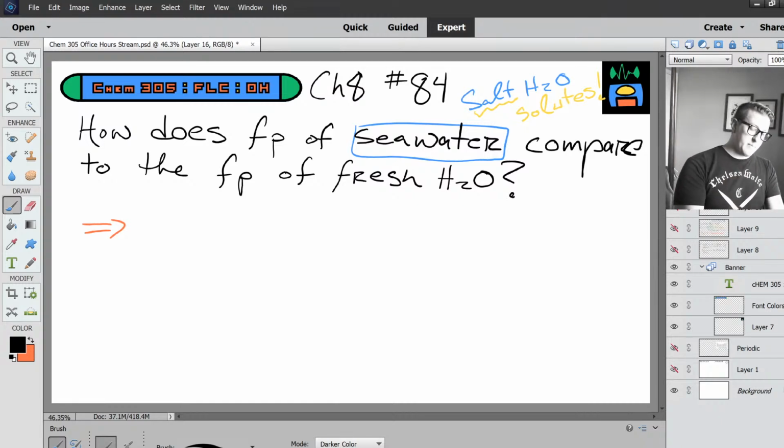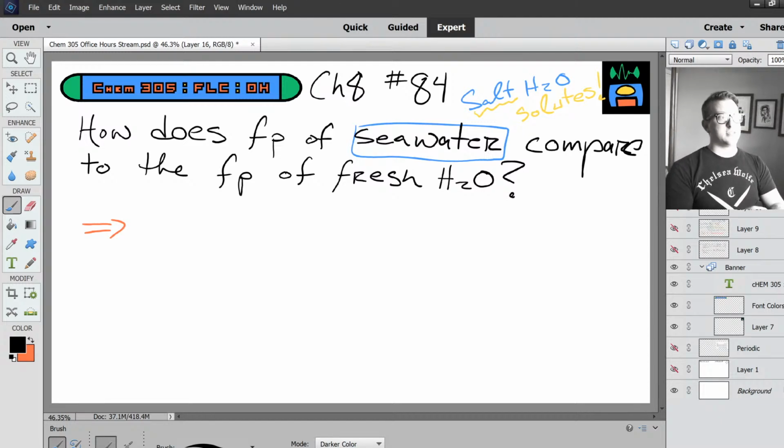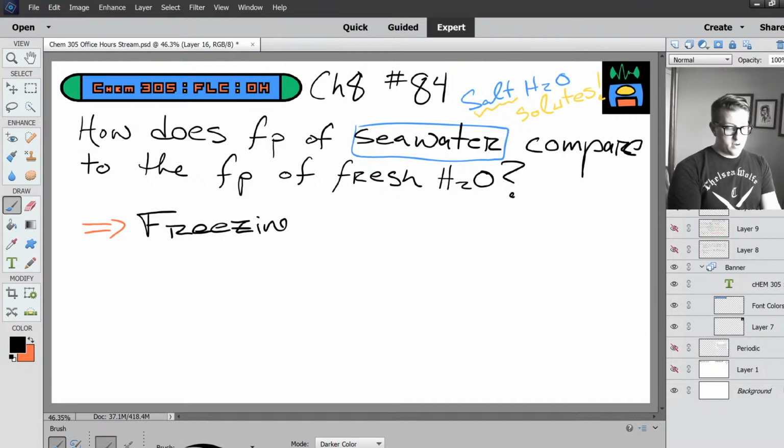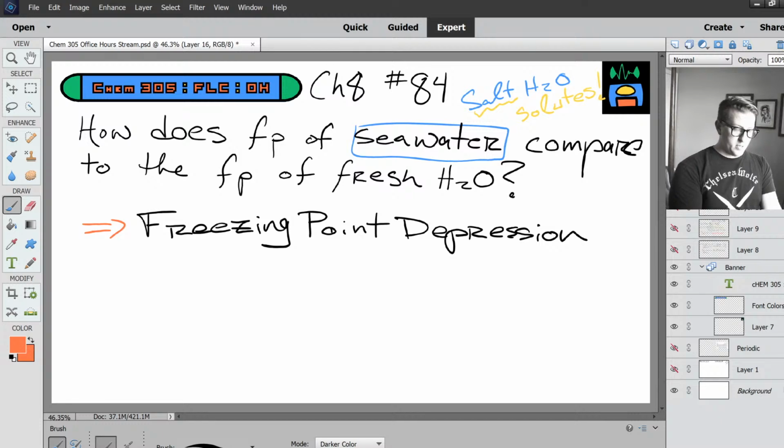There's two things you want to keep in mind: the way solutes affect the physical properties of the solution. You want to remember freezing point depression and you want to remember boiling point elevation.